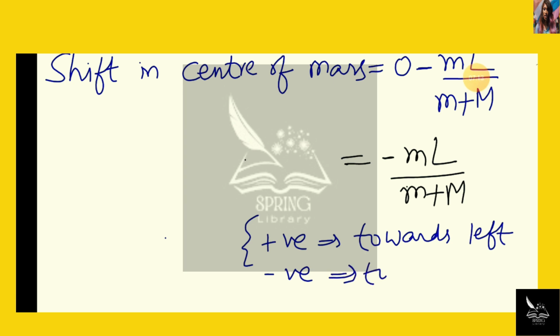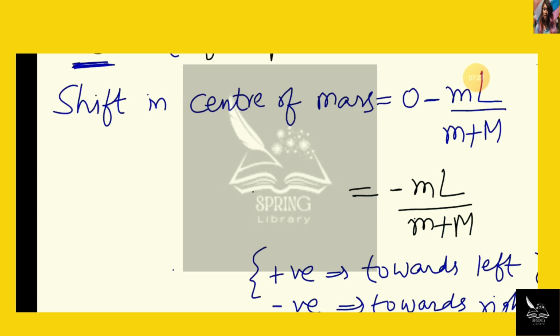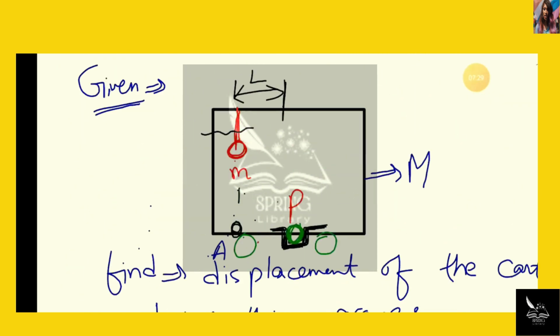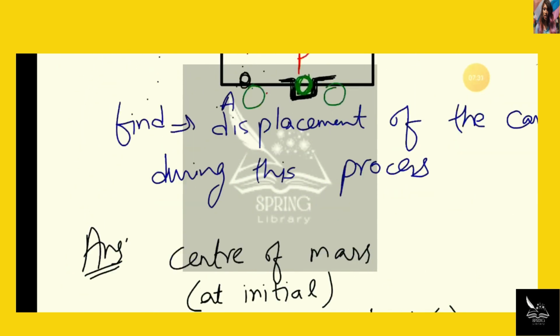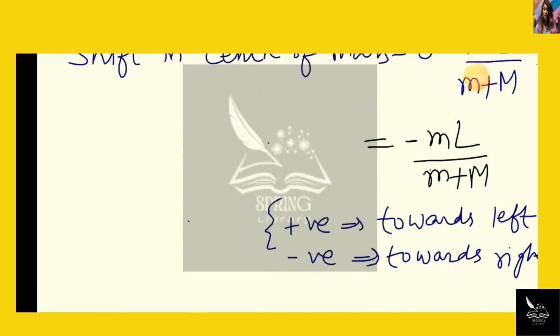That means the shift in the center of mass is towards the right. But you can see in the figure that no external force is acting in the horizontal direction, so the center of mass is not changing.